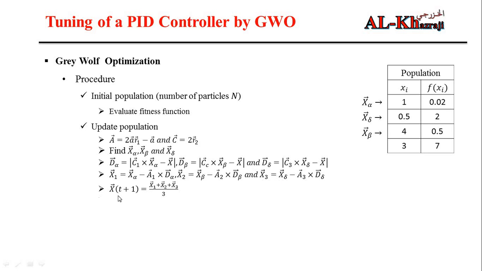And after that, we find the next position of our individual solution by summing all of these three and dividing by 3. And then we evaluate the population again to find the minimum. And if we get to the maximum iteration, we just stop and print the value.